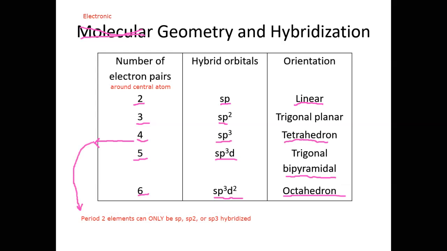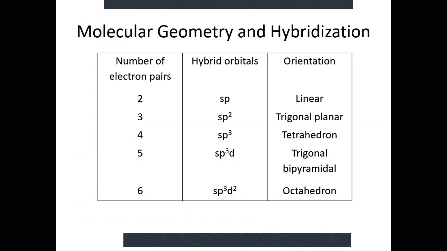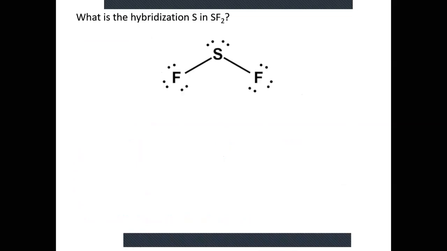So now we're going to look at some examples determining the hybridization of the central atom. Again, this is only for the central atom. As always, it's very important that you draw the correct Lewis structure so that you get the correct number of electron pairs to determine the hybridization. So here we have the Lewis structure of SF2.